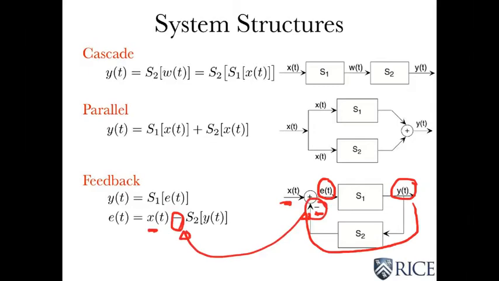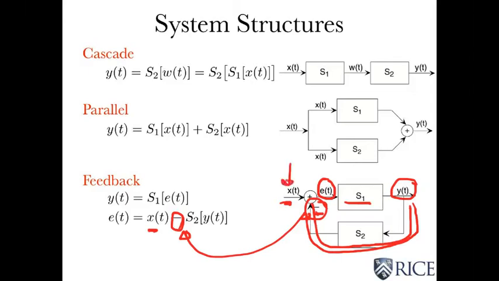So what this feedback configuration does is it takes E, passes it through S1 to produce the output. But that output gets fed back through S2 to occur at the input. That gets subtracted from X and produces the error signal, which goes round and round. So this is the way a cruise control works on a car.